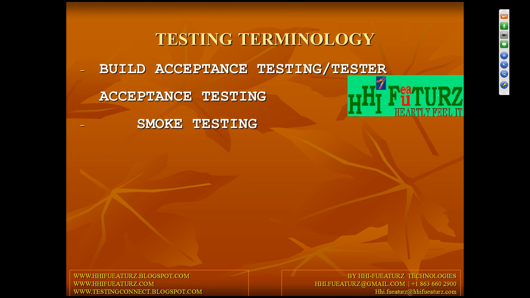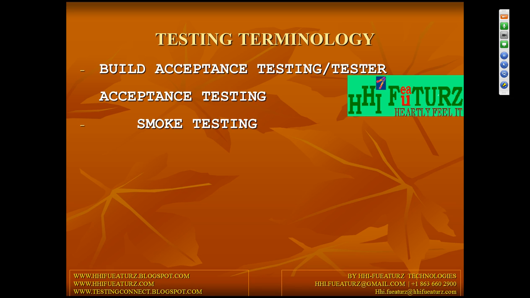So first testing type is build acceptance testing. Also you can consider it as tester acceptance testing. Remember, before that, acceptance testing, don't get confused. Build acceptance testing and client acceptance testing.